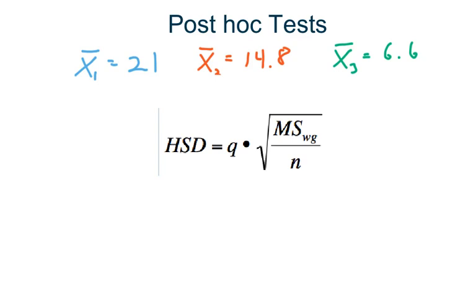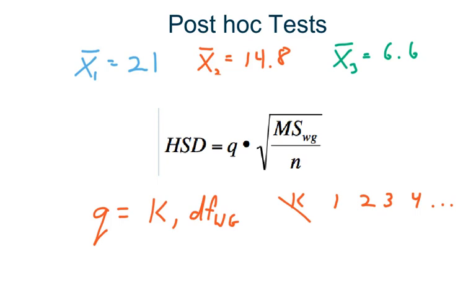If you look at that, you'll see the table looks fairly similar to the ANOVA table. However, Q is based on the number of groups and the degrees of freedom within groups. If you look across the top of the table, you'll see all of the K's: 1, 2, 3, 4, and so on.